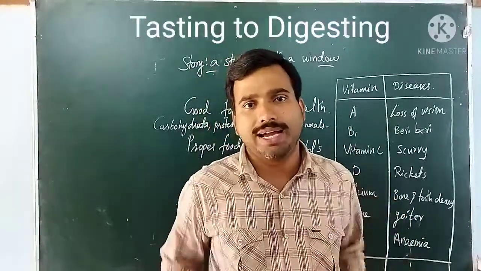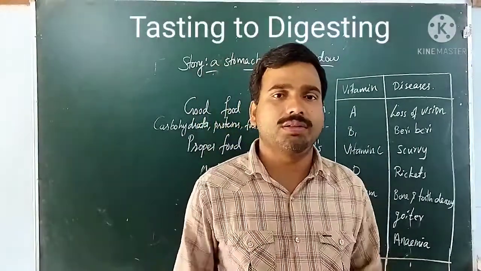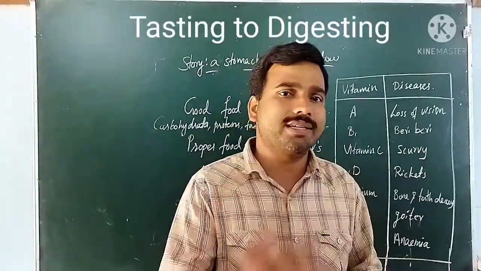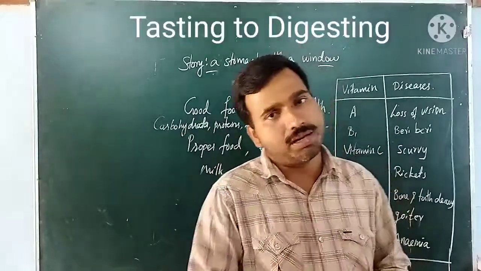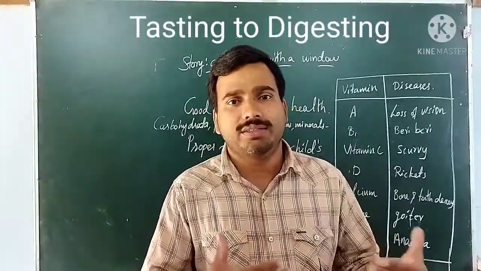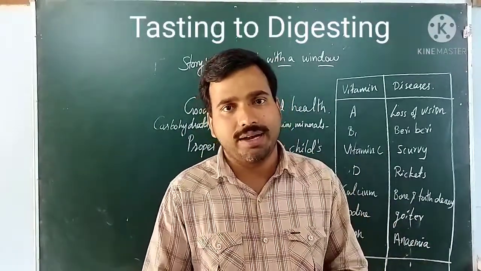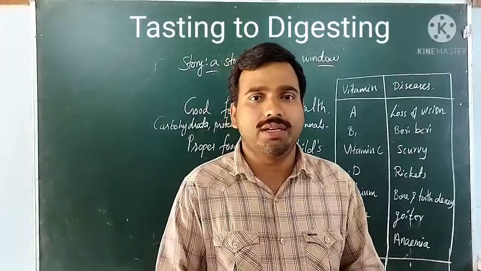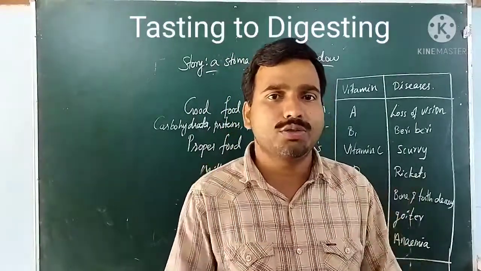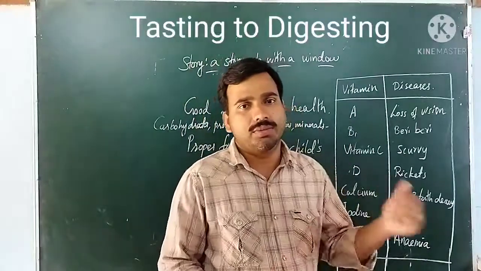The digested food is then absorbed into our blood and transported to different body parts. The remaining undigested food is passed on to the large intestine, and at last the waste materials are released through the anus. This is what we discussed in the previous videos.